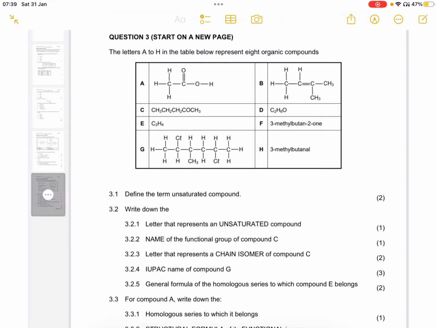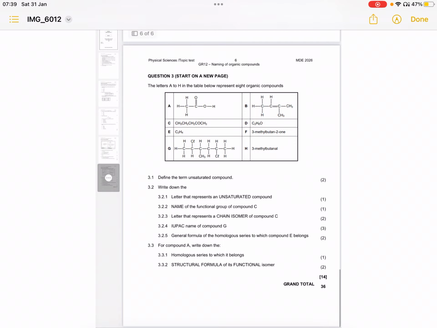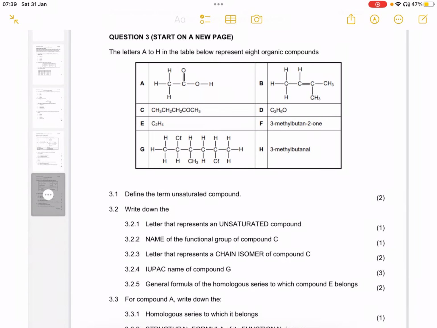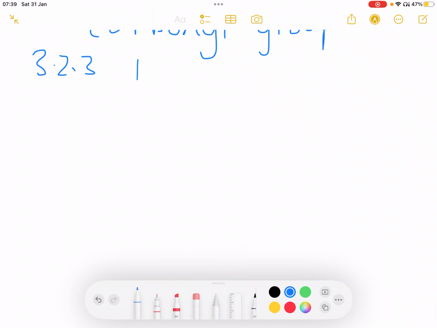Anyway, the one that I'm seeing here is F. Remember, C has 1, 2, 3, 4, 5 carbons, and then F has 4 carbons in the long chain and then 1 carbon. So that makes it a chain isomer. So 3.2.3 is F.